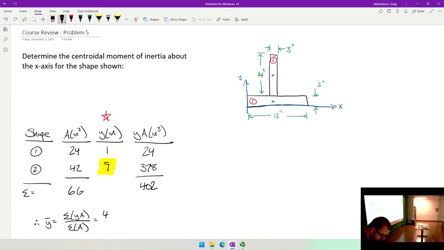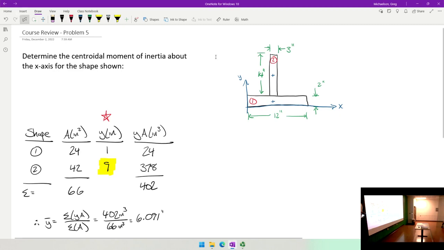Just looks suspiciously like a 6. So that ends up being something like 6.091 inches. All right. Now, let me move this up a little bit.